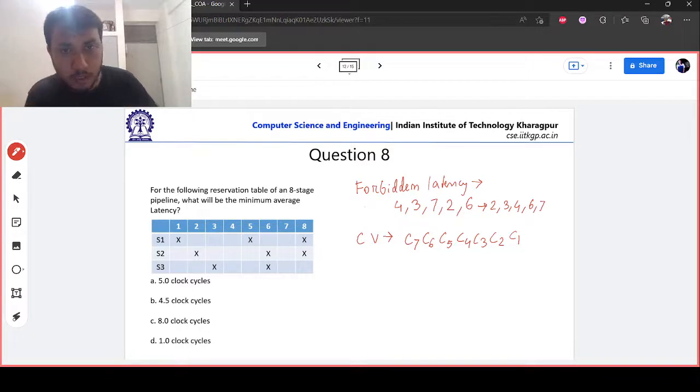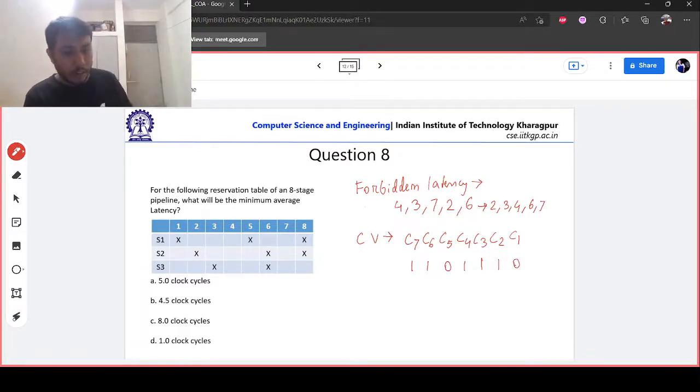So these we will substitute with the value 1. These are the latencies we can't use: 7, 6, 4, 3, 2. The rest, that is 5 and 1, will be 0, because those latencies are allowed.